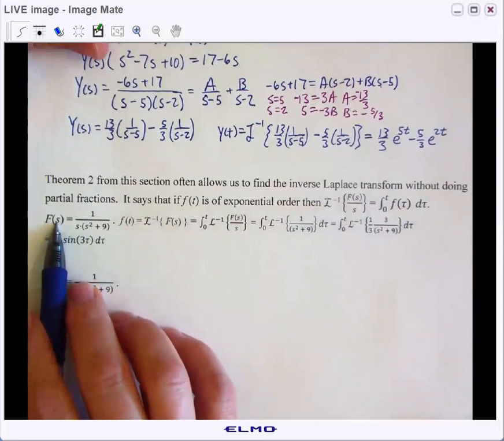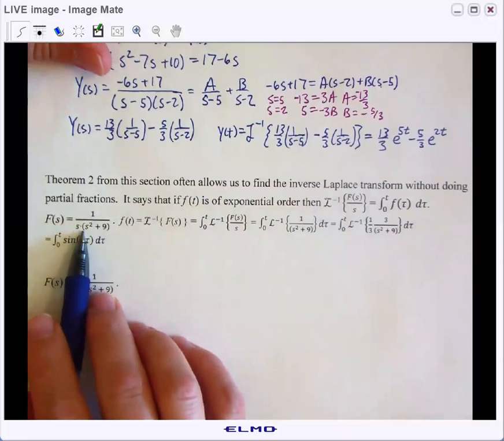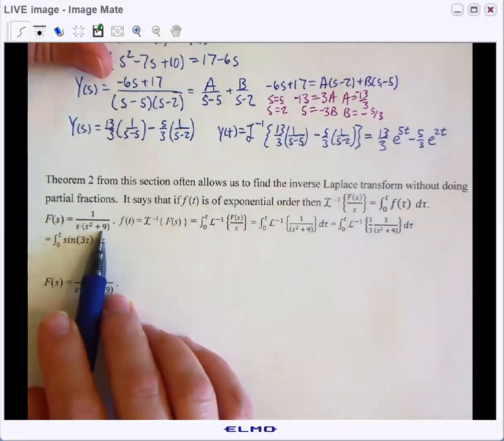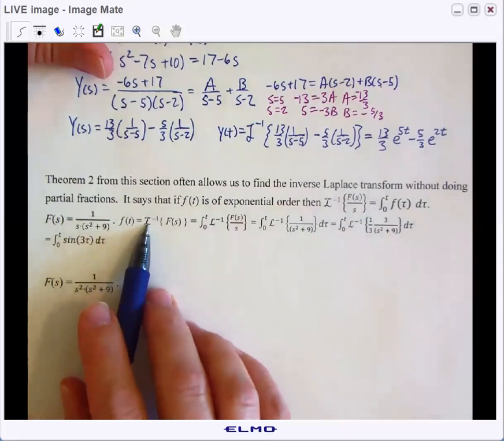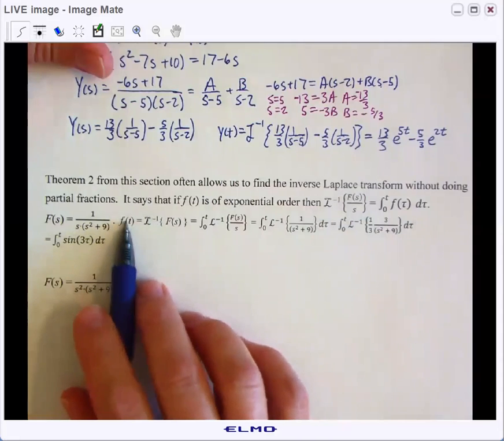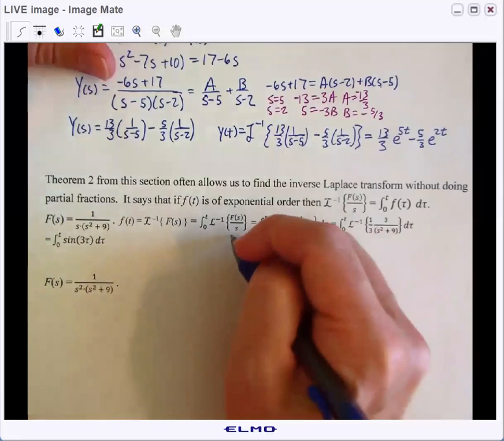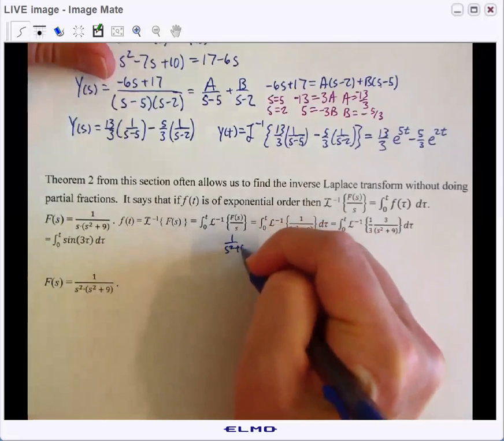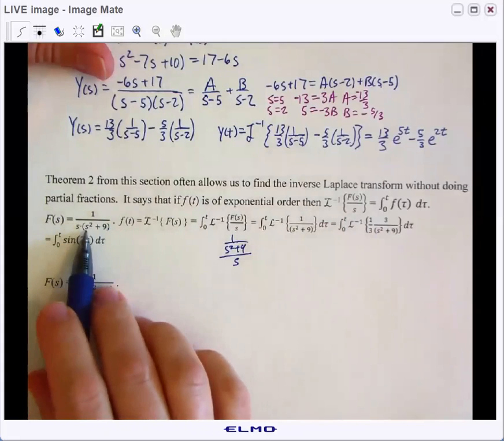So let's look at an example here. If we have our capital F of s is 1 over s times s squared plus 9, we can then say our function is going to be the inverse Laplace transform of this guy. But I can think of this as 1 over s squared plus 9 over s, using just some algebra here.